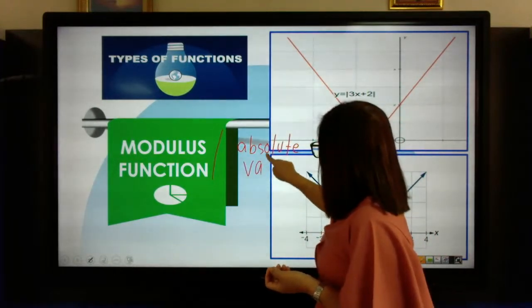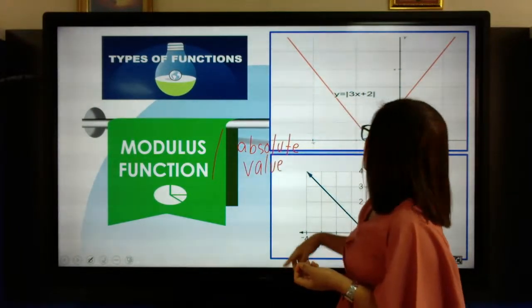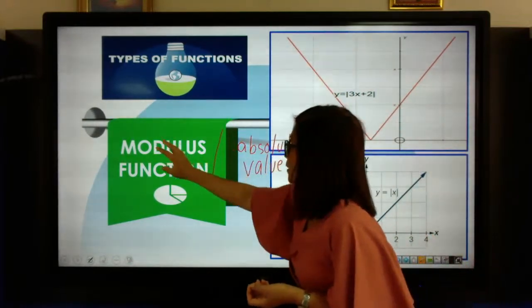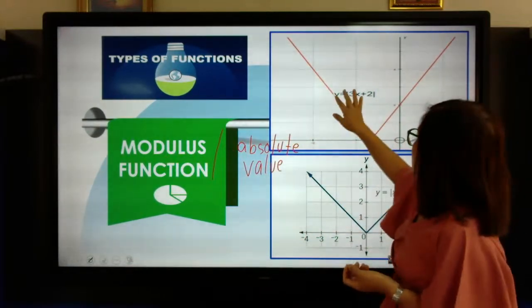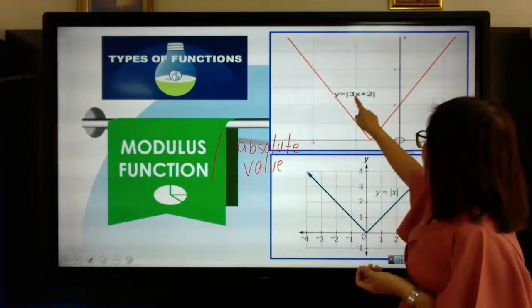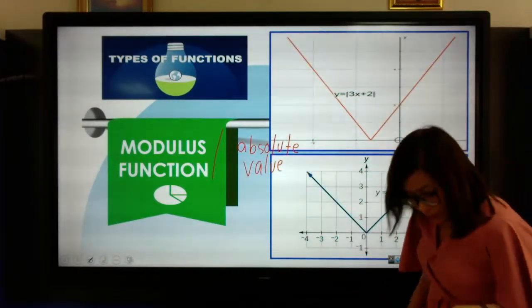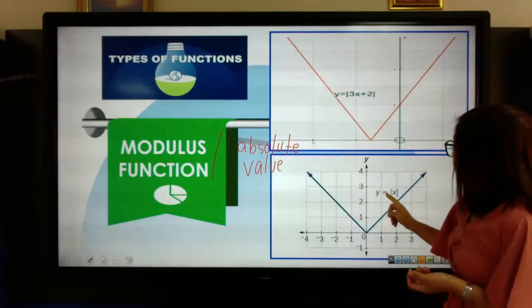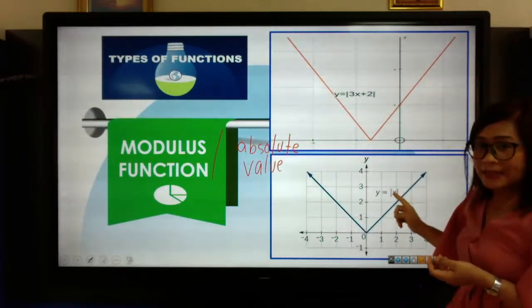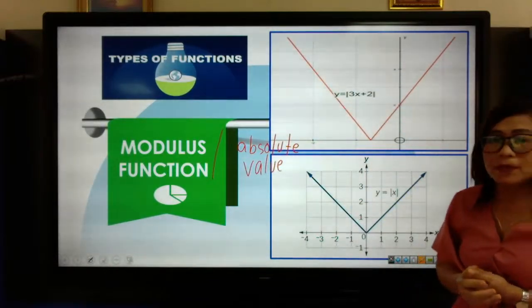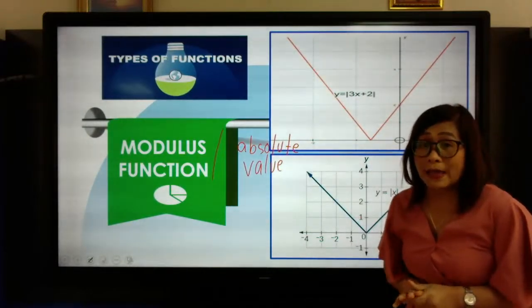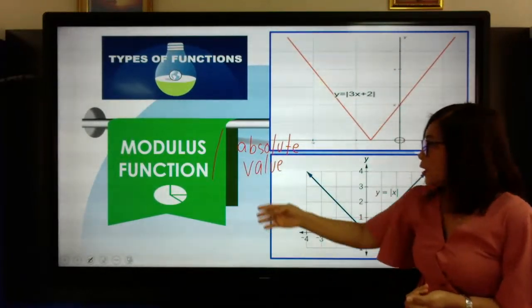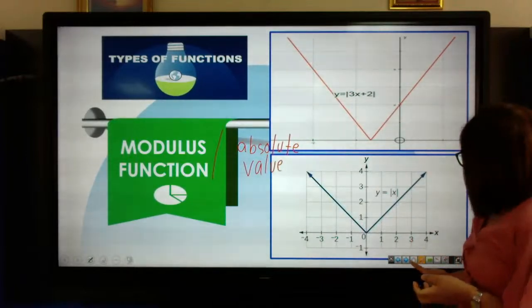Absolute value function. For example, y is equal to the absolute value of 3x plus 2, and y is equal to the absolute value of x. These two are examples of an absolute value function or modulus function.